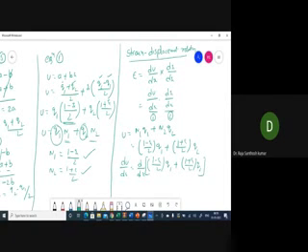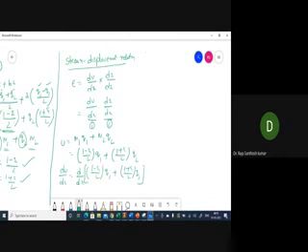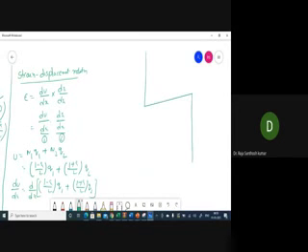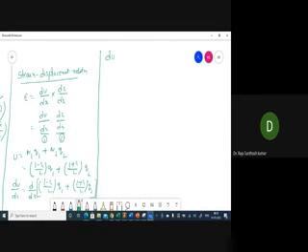Strain is equal to, we know, du by dx. Now what I'm doing here is multiplying by dxi by dxi: du by dxi into dxi by dx. This is term 1 and this is term 2.